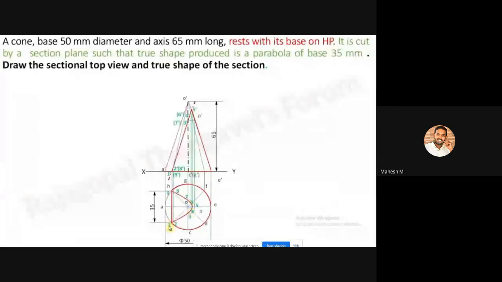And also you have to highlight, that means you have to create a section line, that means hatching line. Okay, so you can create sectioning on this inner surface. So we can call this as sectional top view.